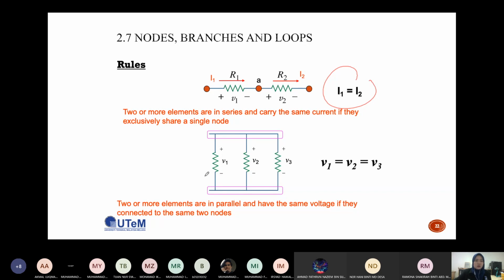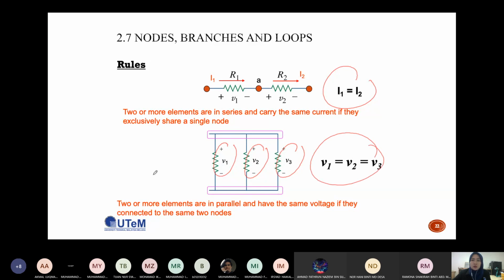If you have two or more elements, here three resistors connected in parallel, they have the same voltage if they are connected to the same two nodes. Basically, if you have elements connected in parallel like this, the voltage V1 is the same as the voltage V2, which is the same as voltage V3.